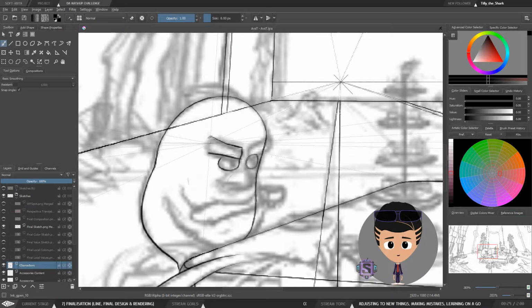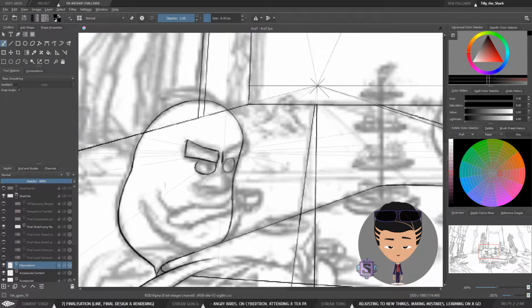Definitely need to think. Okay, this eyebrow actually needs to be slightly lifted, so it's going to kind of accentuate the angry look.